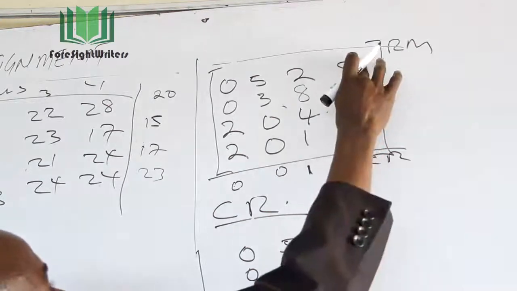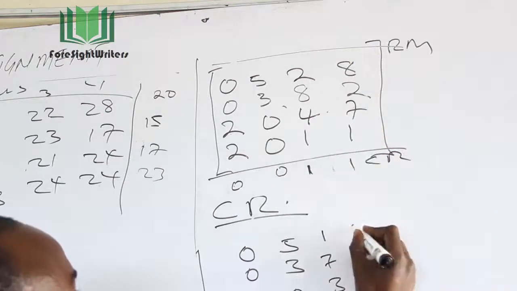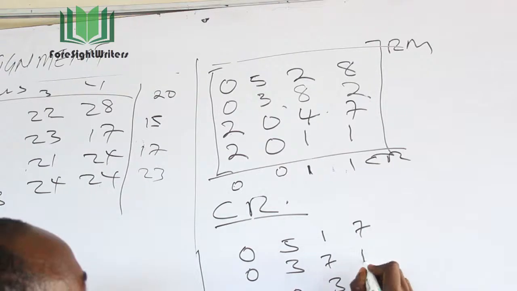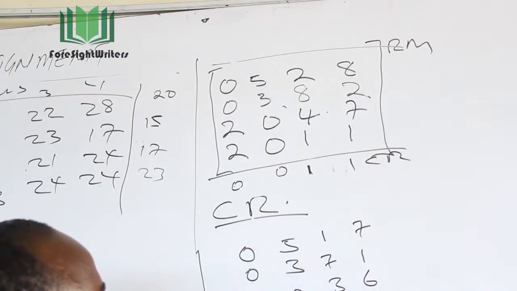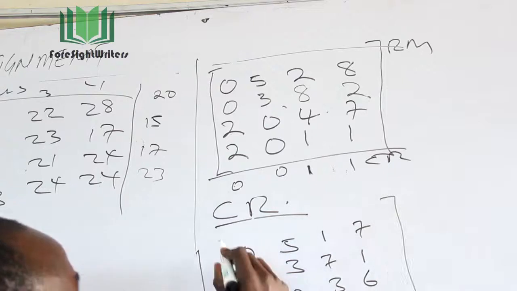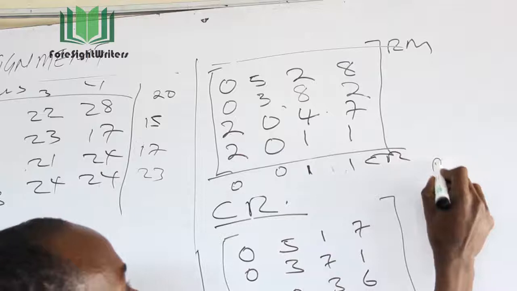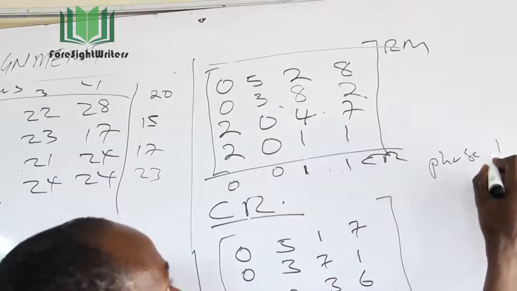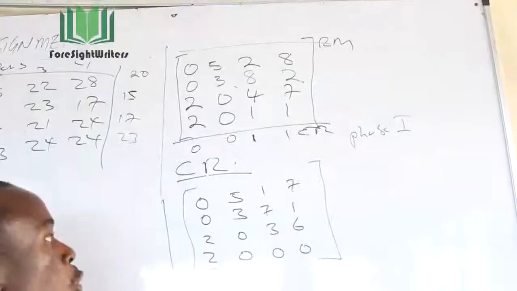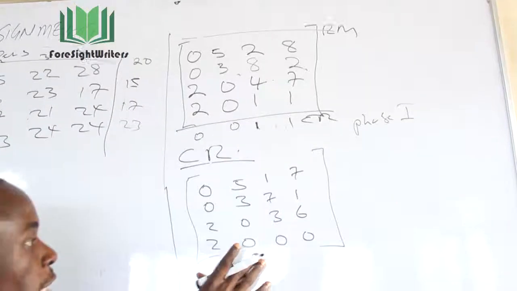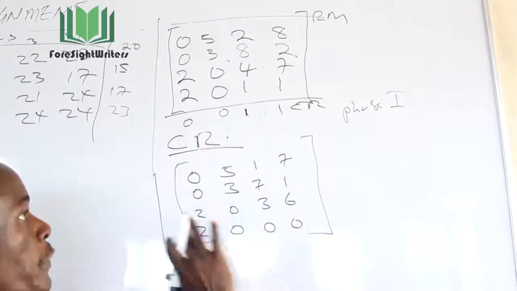And then finally we do reduction with 1. So this becomes 7, this becomes 1, this becomes 6, and finally this becomes 0. The steps that I've taken are what is supposed to be done in phase 1 of solving this problem using the Hungarian method. So phase 1 is complete.